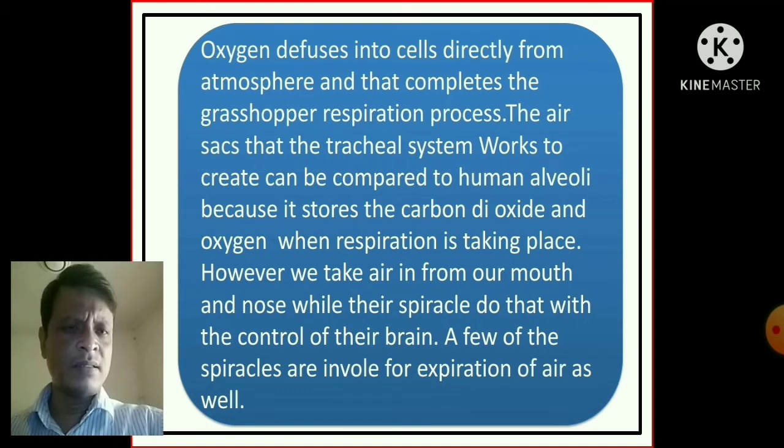The air sac that the tracheal system works to create can be compared to human alveoli because it stores carbon dioxide and oxygen while respiration is taking place. However, we take air in from our mouth and nose, while the spiracles do that with the control of their brain. A few of these spiracles are involved in expiration of the air as well.